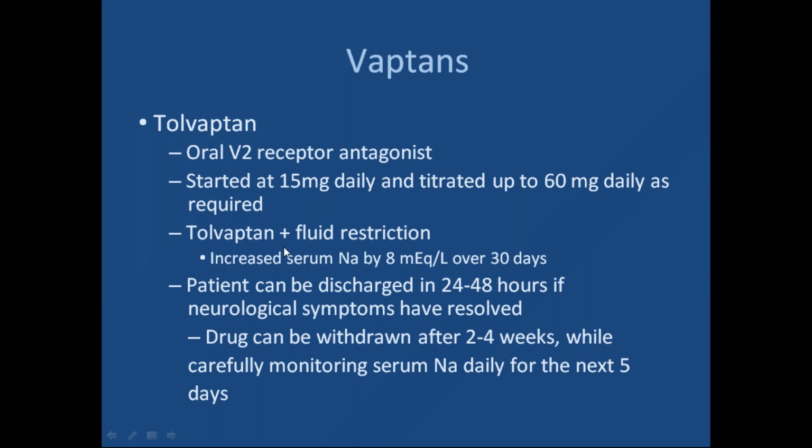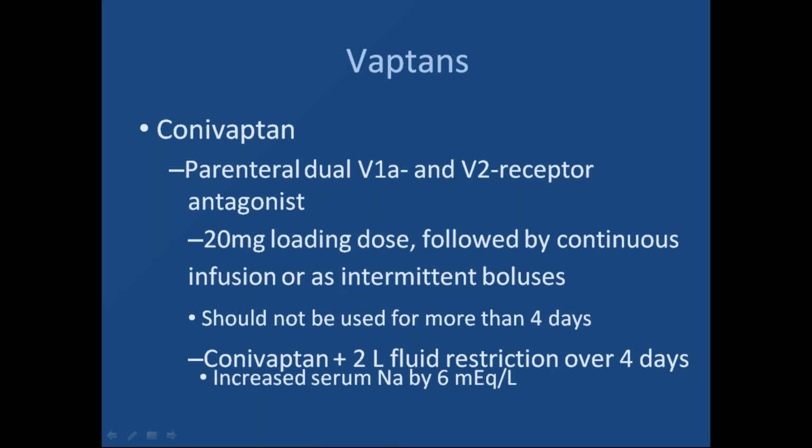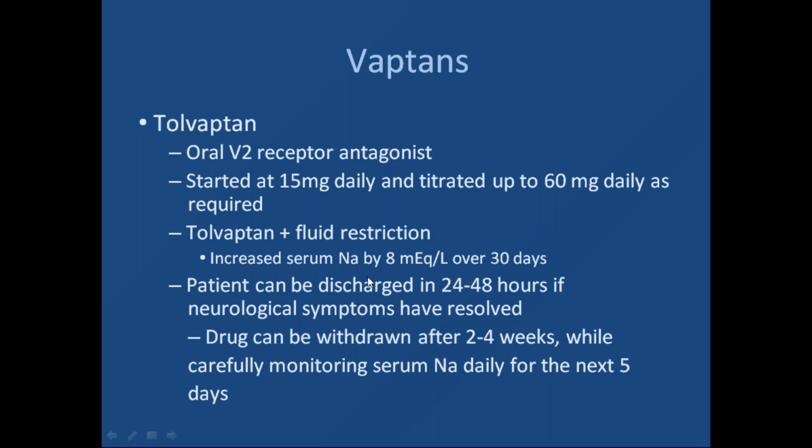Tolvaptan plus fluid restriction increases the serum sodium by 8 milliequivalents over 30 days. So conivaptan increases it very fast, like in the acute setting, whereas tolvaptan acts over days to weeks.